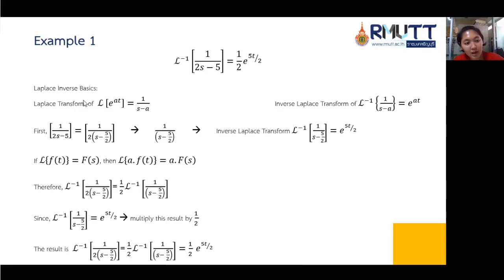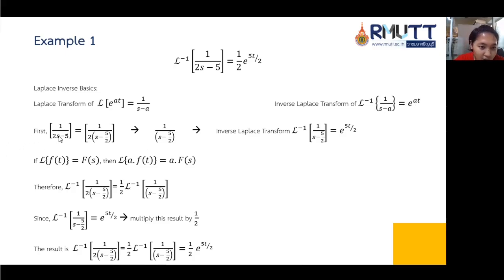As we know the Laplace inverse basics, there are two. The first is the Laplace transform of e to the power of at is equal to 1 divided by s minus a. And then the second, the inverse Laplace transform of 1 divided by s minus a is equal to e to the power of at.